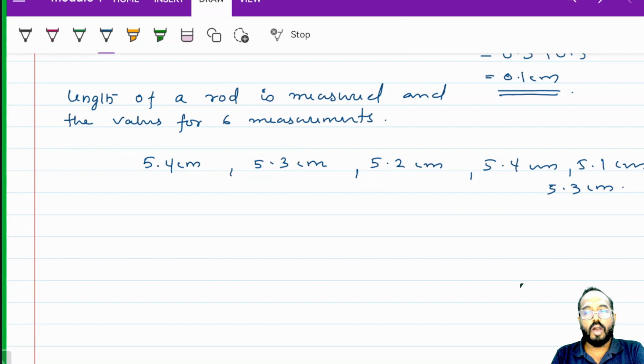So how will you find out the absolute uncertainty and the percentage uncertainty? With this one example, I will explain all the process and you can remember and understand it. First step is you need to find out the average value, right? That is the average value or mean value of the measurement.